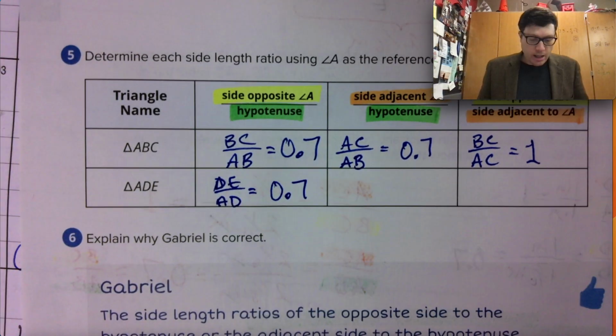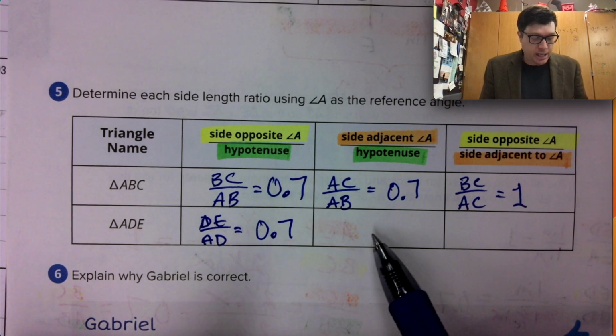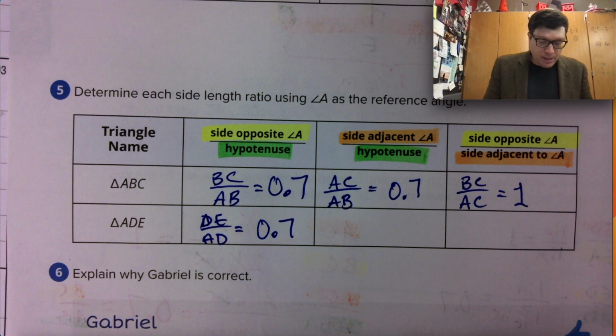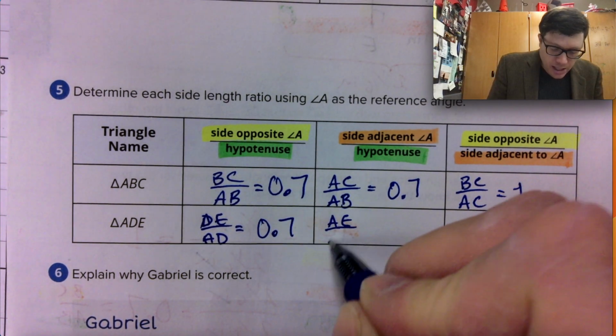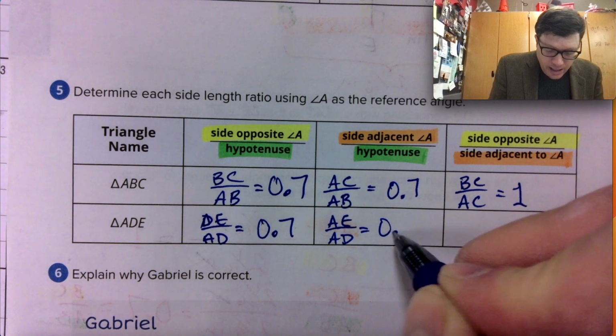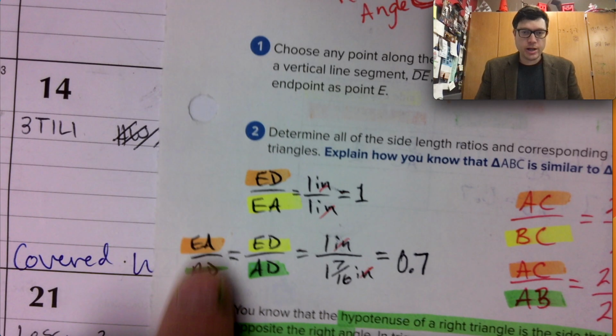Okay. Continue on. The side adjacent to angle A in this triangle would be AE. Still, AD is the bottom, and it has the ratio of 0.7 right here.